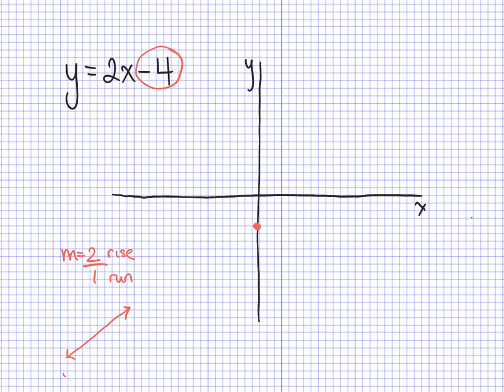So if I'm doing a rise of 2 and a run of 1, I could just go up 2 over 1, up 2 over 1, up 2 over 1. I could just keep doing that forever and ever. And you could totally go down 2 over 1 as long as you're keeping your line in this direction, up to the right. And then I could just connect those with a line, and there you go. That's how you could graph a line from slope-intercept form.